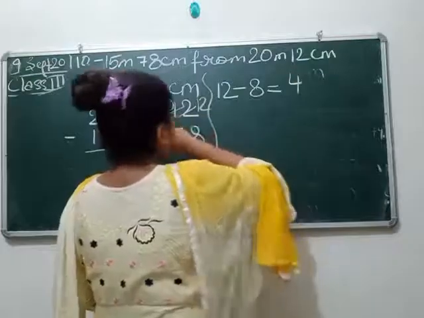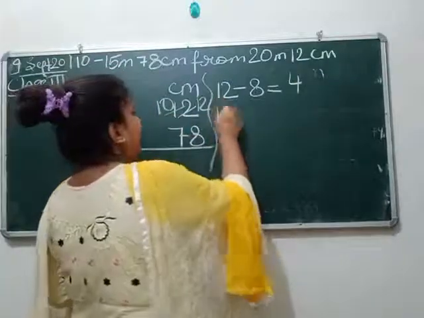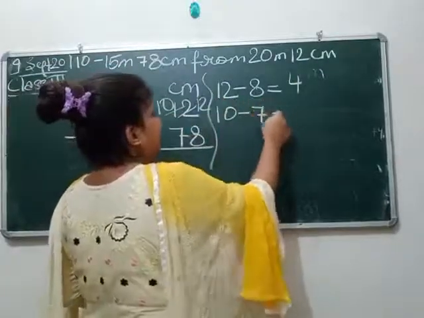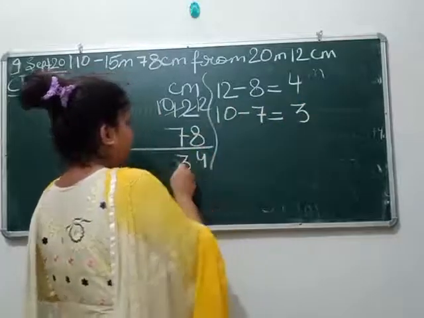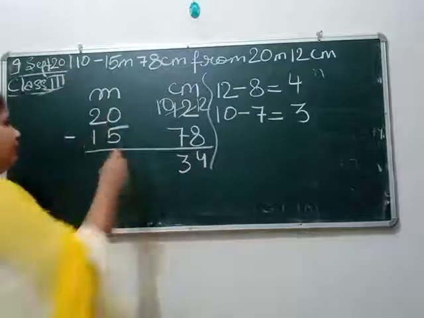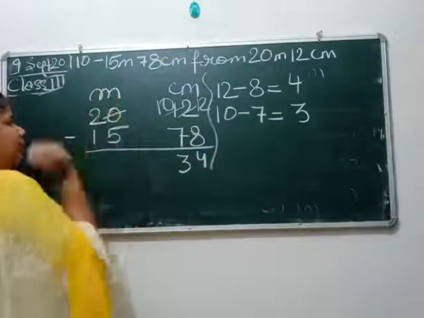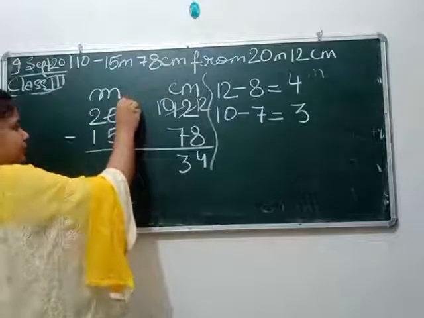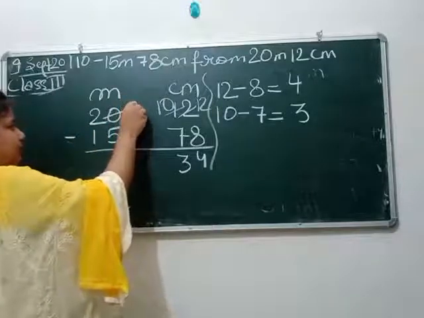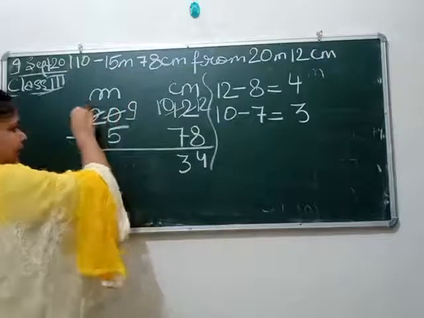Now next we are having 10 minus 7. We will get 3. Here this number will become 9 and this will become 1.